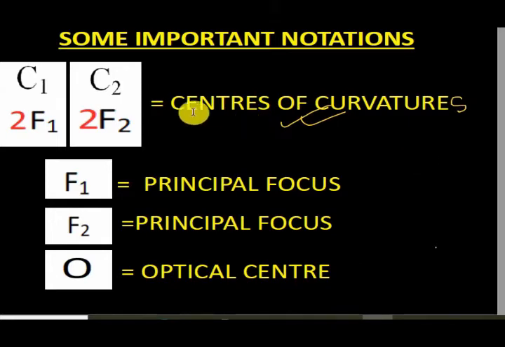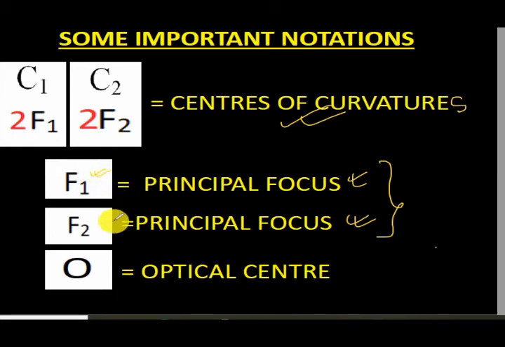When you go up to class 11 and 12, you will learn these things in class 12, but F1 and F2 will have different names. They will be called first principal focus and second principal focus. But here, up to 10th standard, we will call F1 and F2 principal focus. Please remember that.